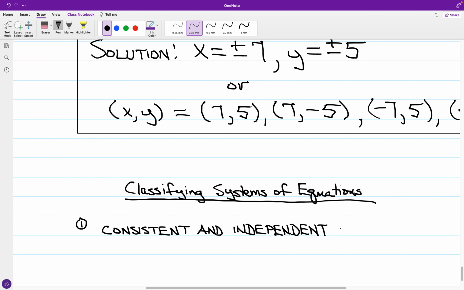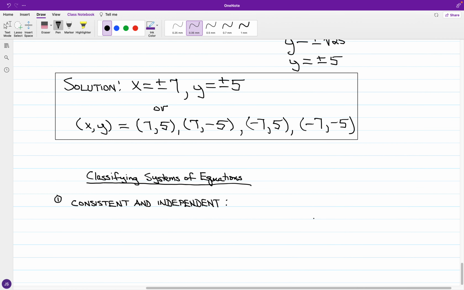For consistent and independent, there is going to be a finite number of solutions. That could be just one solution, or it might be a couple of solutions.